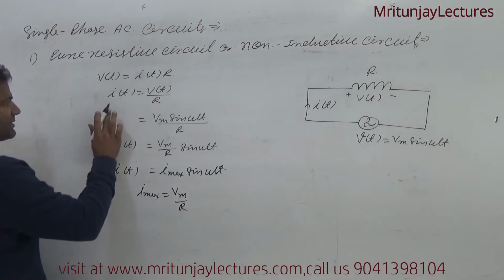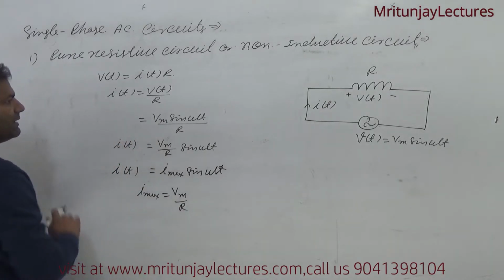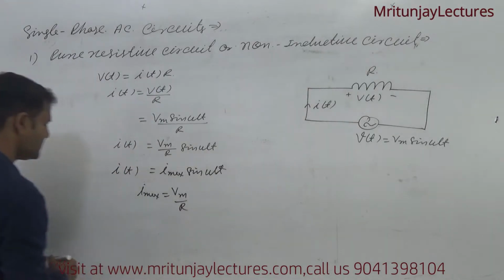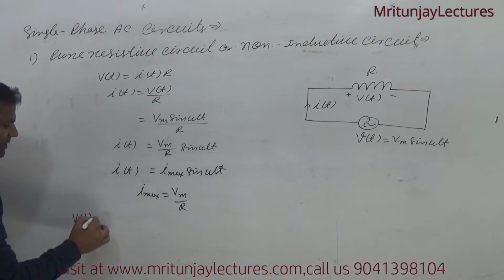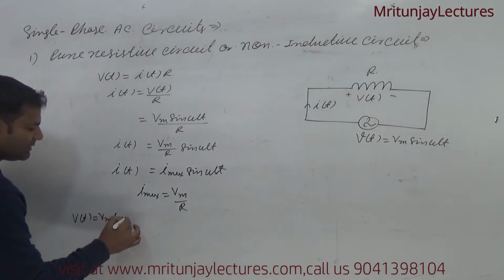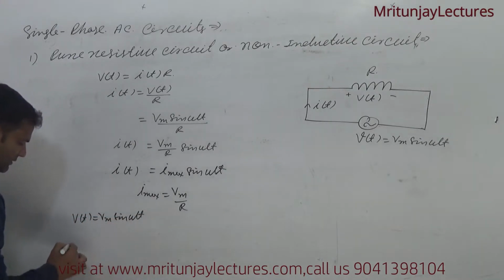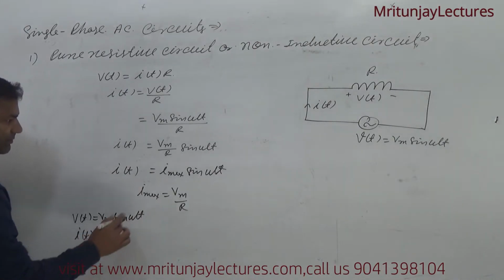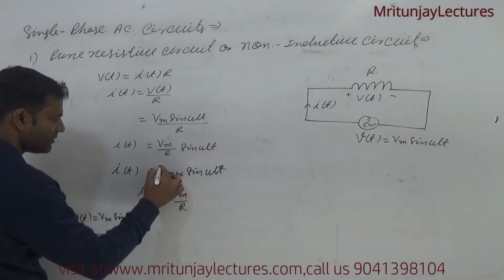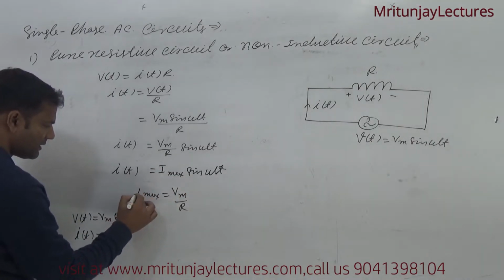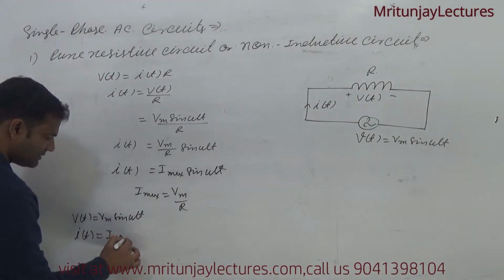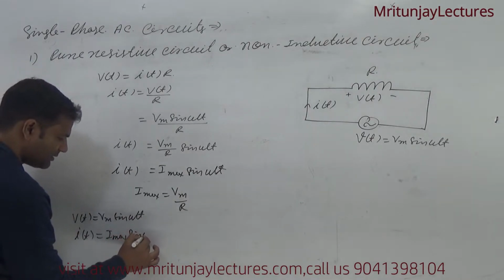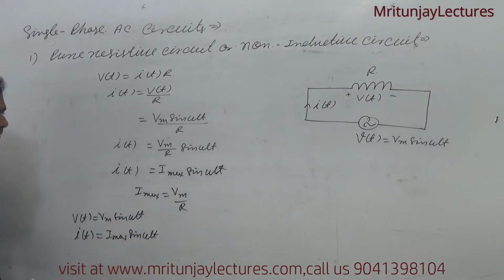So if the voltage expression is Vt equal to Vm sin omega t, then the current expression is I max sin omega t. Both are in the same phase.